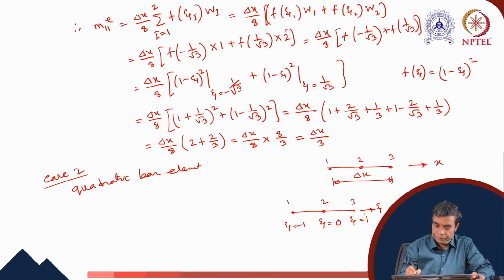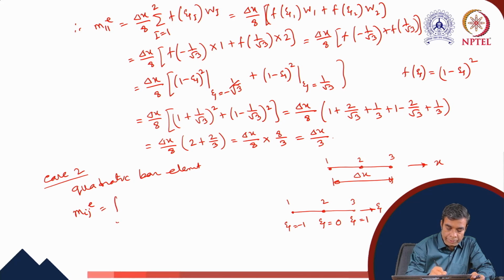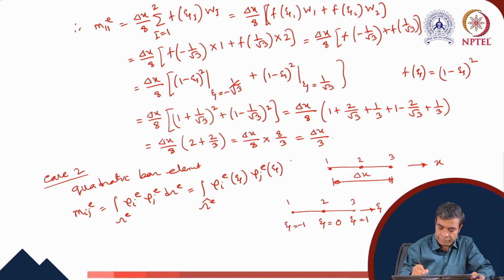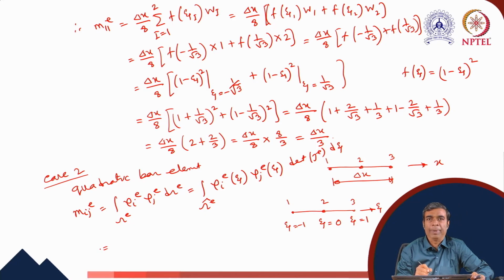Here our M_ij equals integration over omega e of psi_i^e psi_j^e d omega e, equals integration over omega e cap of psi_i^e(xi) psi_j^e(xi) determinant of the Jacobian matrix into d xi. Now we already know that the determinant of the Jacobian matrix for a bar element is half the mesh size, irrespective of the order of the shape functions or the order of the element.